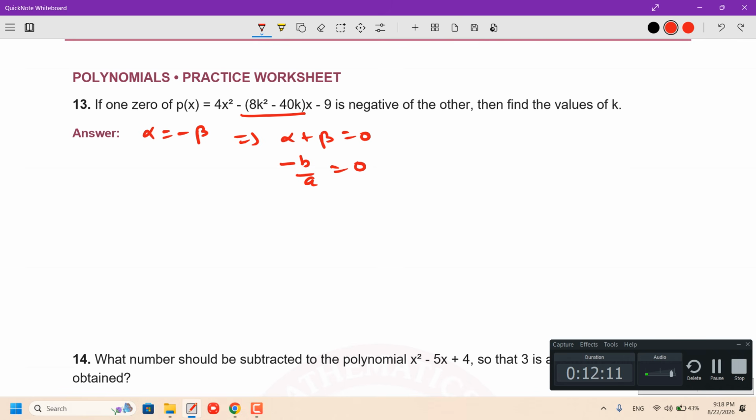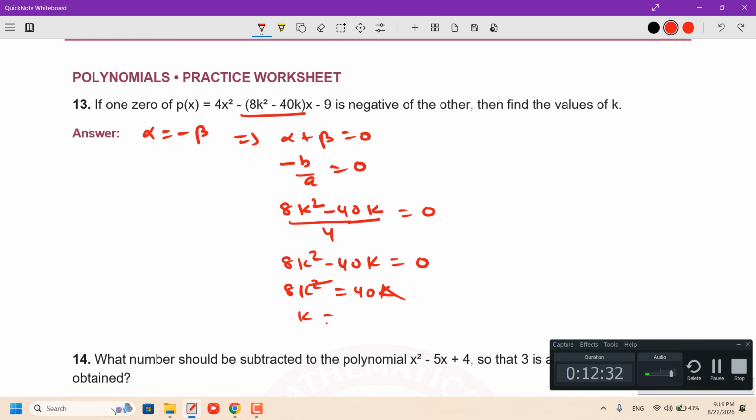Minus b by a is this, so minus minus plus 8k square minus 40k upon 4 is equal to 0. So 8k square minus 40k equals 0. 8k square equals 40k. One k cancels with one k, and the value of k is 40 by 8, that is 5.